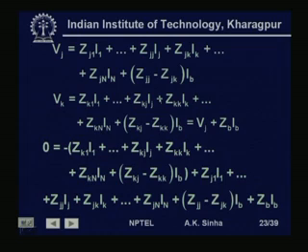So we have Zkk into Ik minus Ib. So Zkk Ib will be negative, and we are adding it here at the end. So what we get is we are writing this as this term.